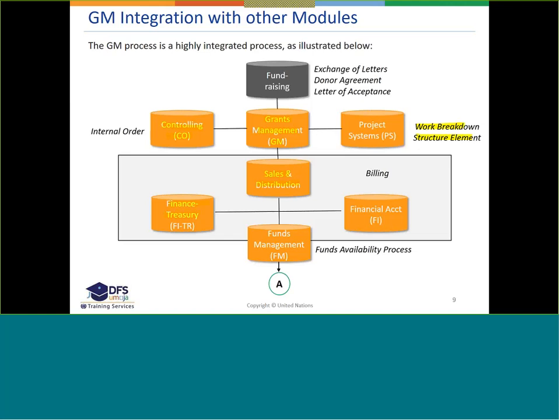It's linked to finance and treasury because we are going to collect this income. It's linked to financial accounting because we have to track all these transactions, and this will mean that we will have some posting in FI. It's linked to FM because once we release the budget, it's also visible on the FM ledger.